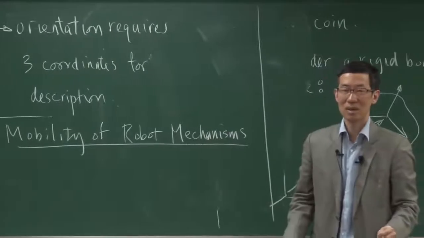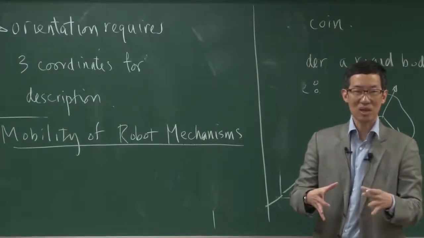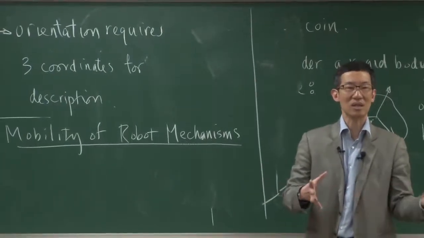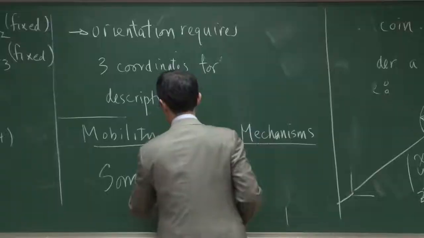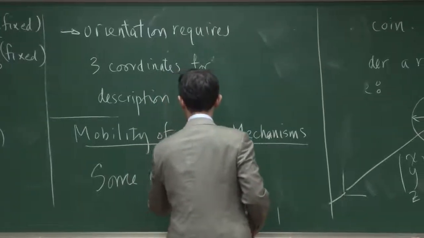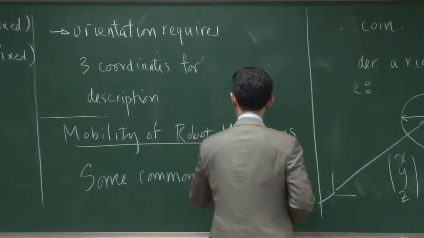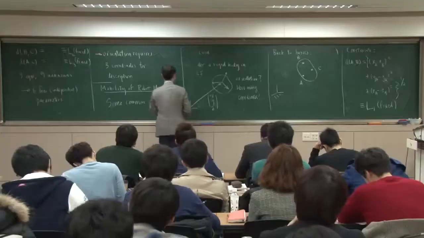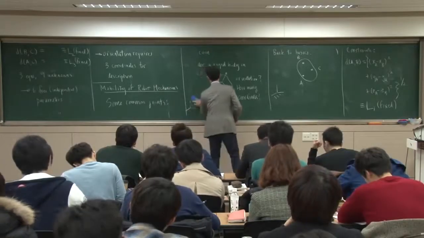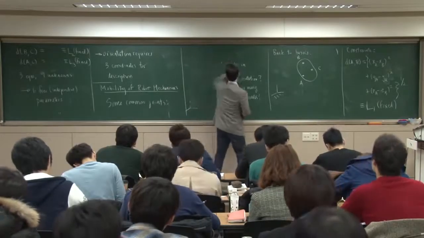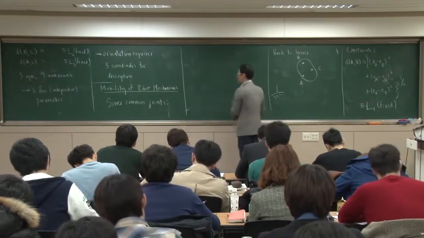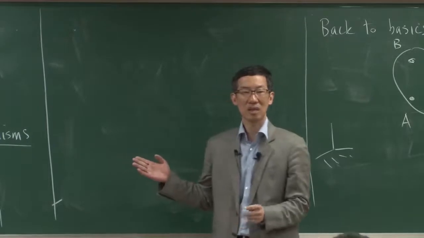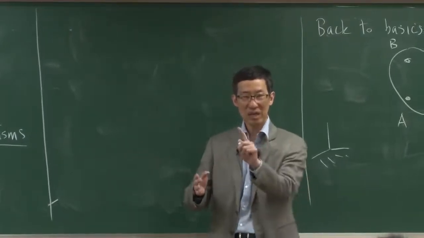We know what links are. Links are rigid bodies. What kind of joints do we find in a robot? Let's talk about that first, some common joints. The one that we've seen the most so far is this rotating joint.